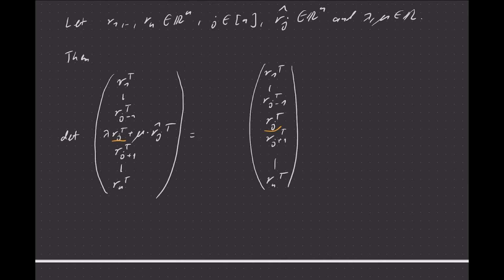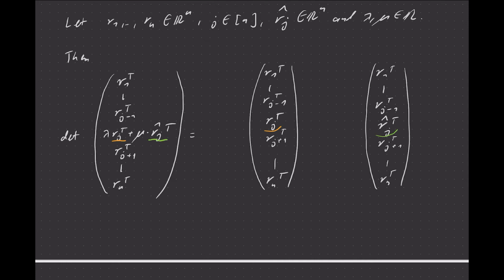And let's also consider a matrix that only has that second part of the linear combination. So again, copy all the rows. Then we'll only take the Rj hat. And then we'll copy all the other rows. So again, that's also a matrix, and that contains this Rj hat part here.